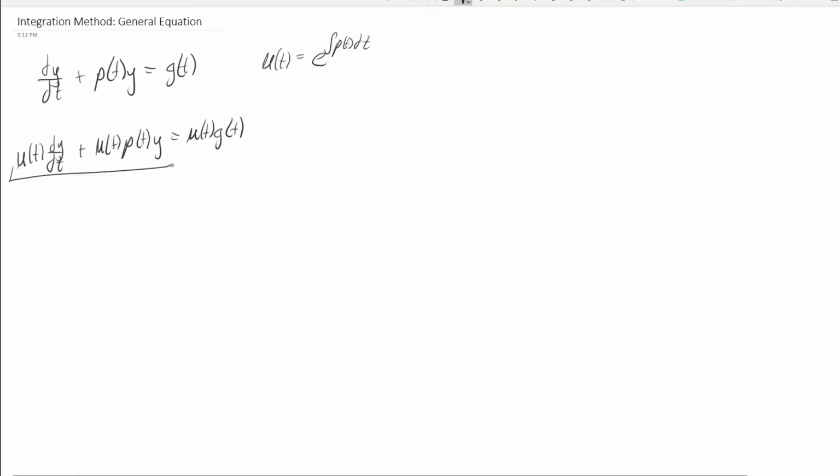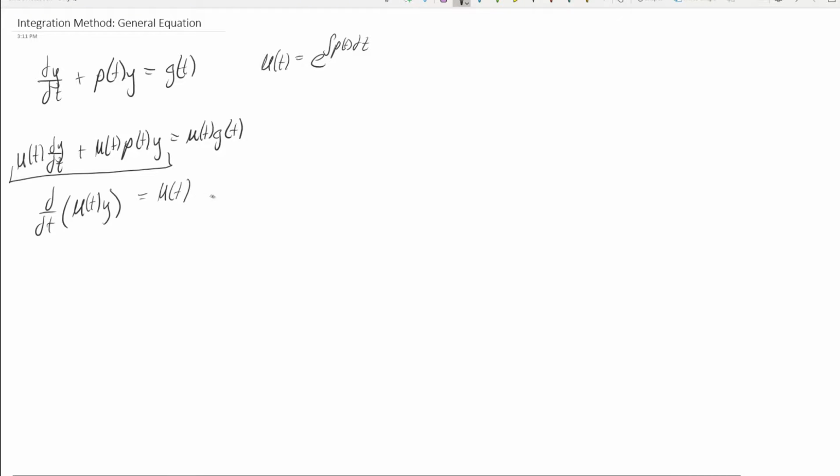This whole thing, why it's actually called the integration method, is this is all going to turn into the derivative of mu(t) times y, and this is what it's going to be when we use the product rule. When we multiply this out, it's going to equal that, and that's going to be equal to mu(t) times g(t).